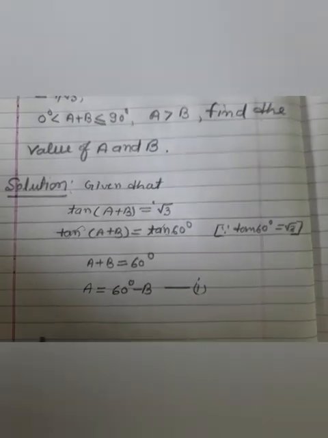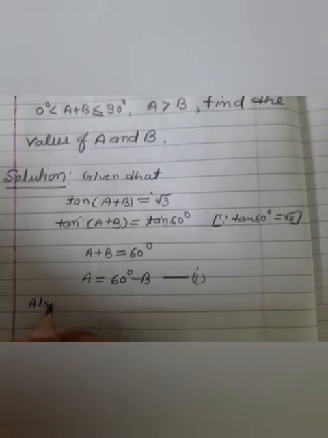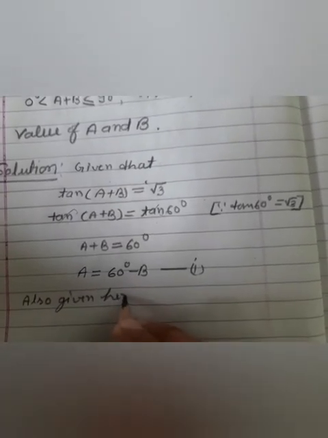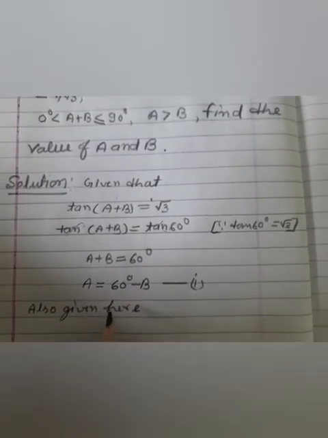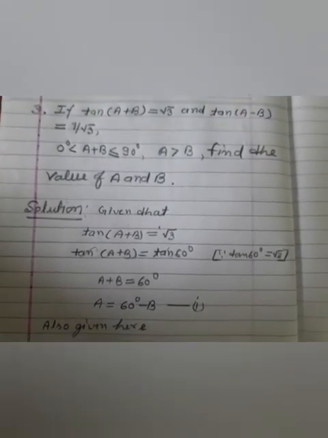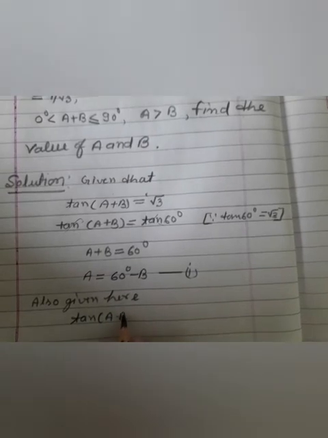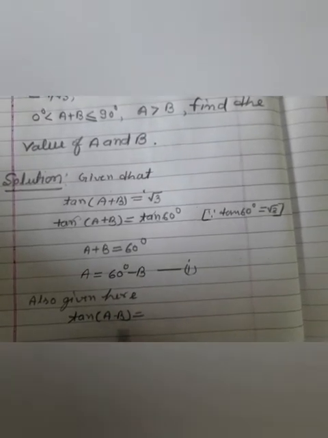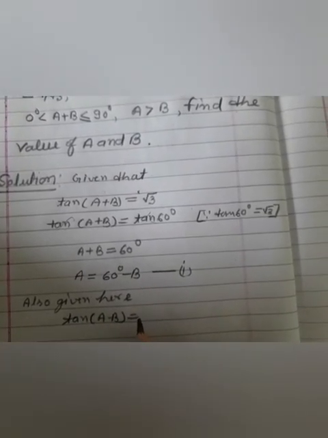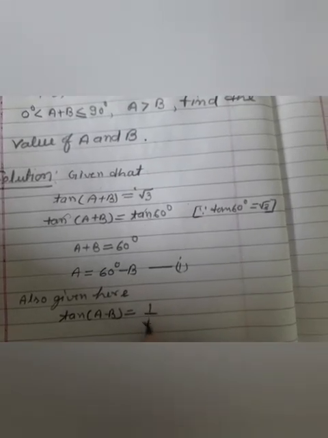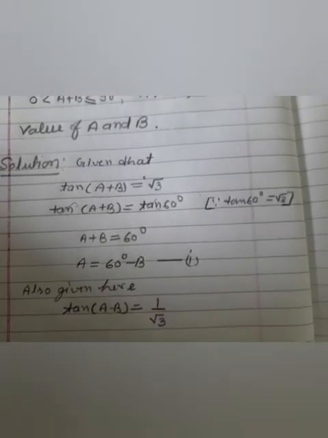Also given that, clear? Given here tan A minus B is equal to 1 upon under root 3. This one is given.